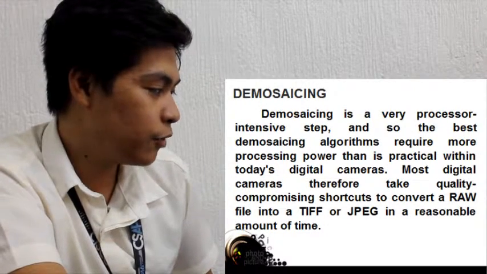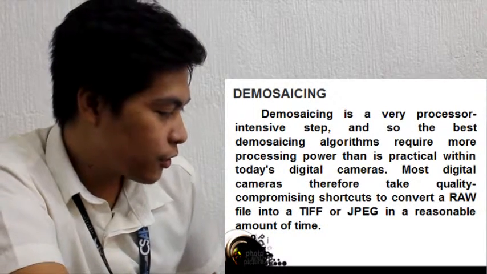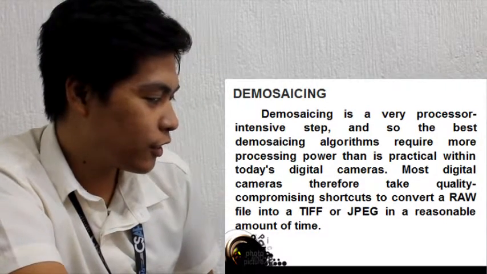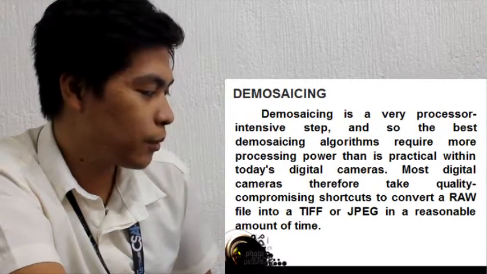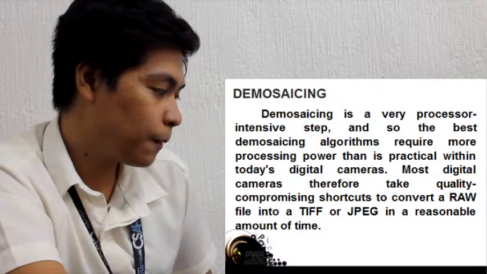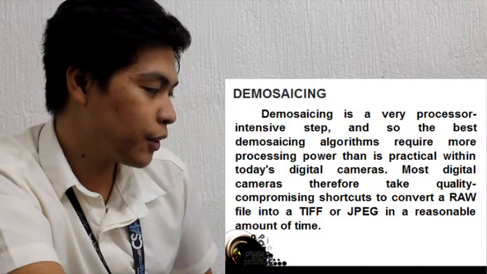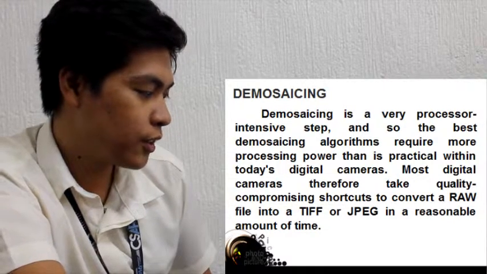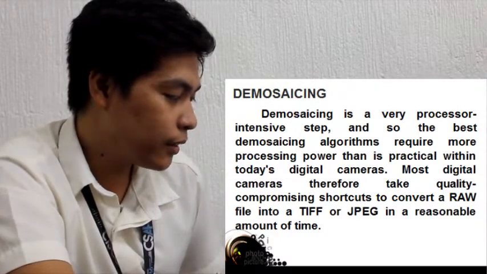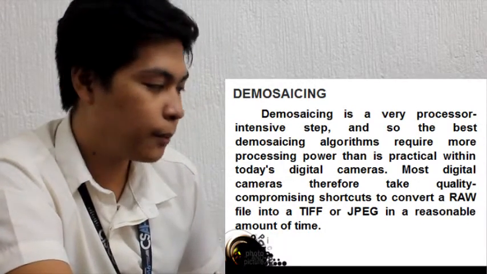Demosaicing is a very processor intensive step, and so the best demosaicing algorithms require more processing power than is practical within today's digital cameras. Most digital cameras therefore take quality compromising shortcuts to convert a raw file into a TIFF or JPEG in a reasonable amount of time.